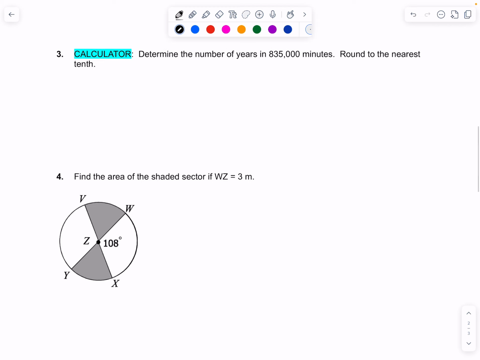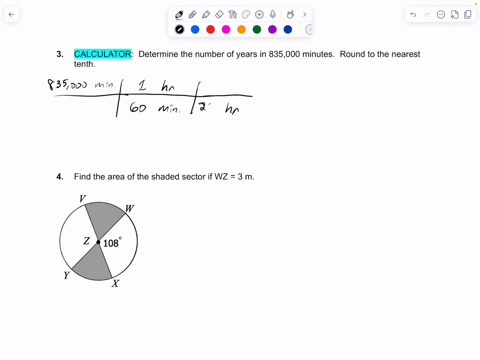Determine the number of years in 835,000 minutes. So I'm starting with minutes, right? And I want to go to years. So I'm going to go with minutes to get rid of that. And I'm going to go with, let's see, in an hour. So 60 minutes in 1 hour. Then I need to get rid of hours.